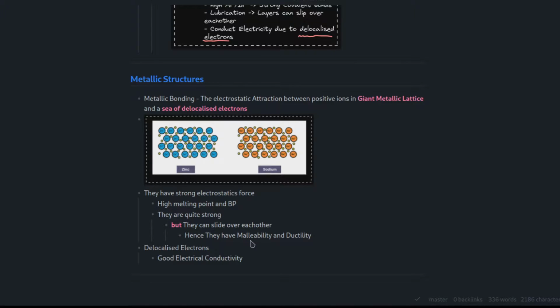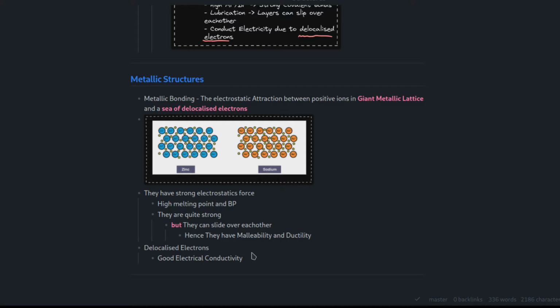That's the reason why they have malleability and ductility. Malleability is the ability to bend, and ductility is the ability to form wires. So lastly, they have a sea of delocalized electrons, they can freely flow from one point to another, and that's the reason why they are good conductors of electricity.